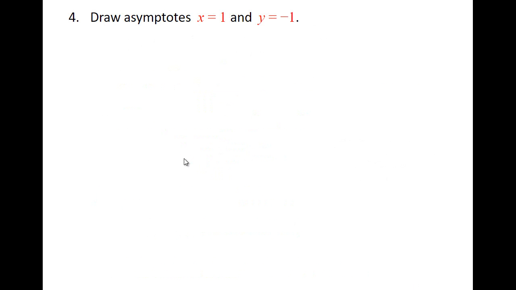Okay, so number 4 is where we start drawing. The first thing we need to draw are the asymptotes. So x is equal to 1 is the vertical asymptote, y is equal to negative 1 is the horizontal asymptote, and then we have to plot the intercepts: the x-intercepts, the y-intercepts, and the point 2, 1.